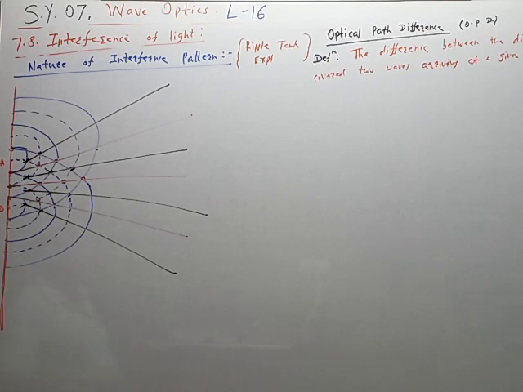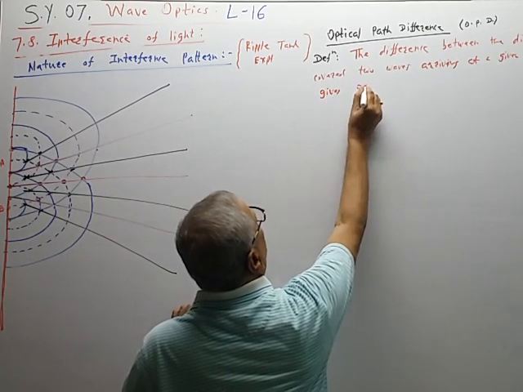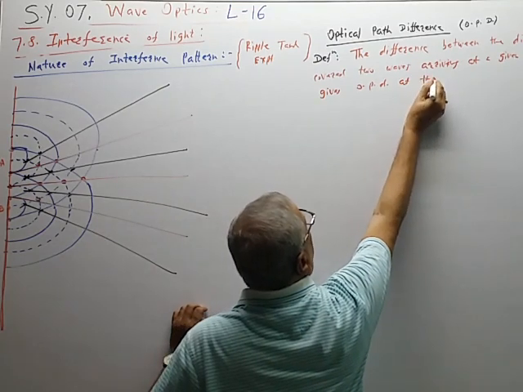The difference between the distances covered by the two waves arriving at a point gives the optical path difference at that point.